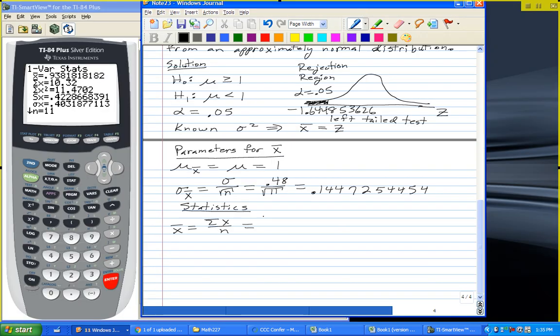The sum is 10.32. N is 11. And the mean came out to 0.93818, a bunch of 1/8.